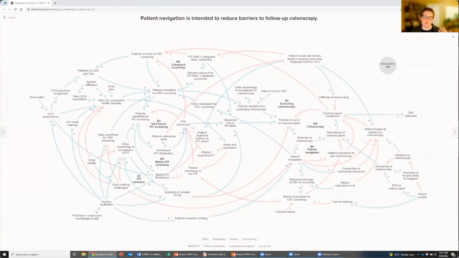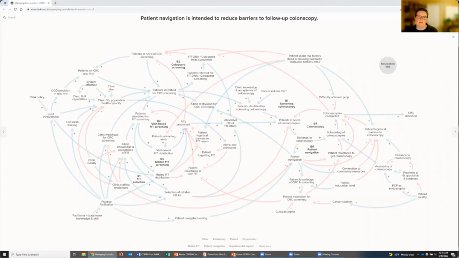Again, we've developed this iteratively, with different rounds of drafting and discussion among our team. There's lots of different sorts of knowledge sources you can use to develop these models. You can draw from literature review.